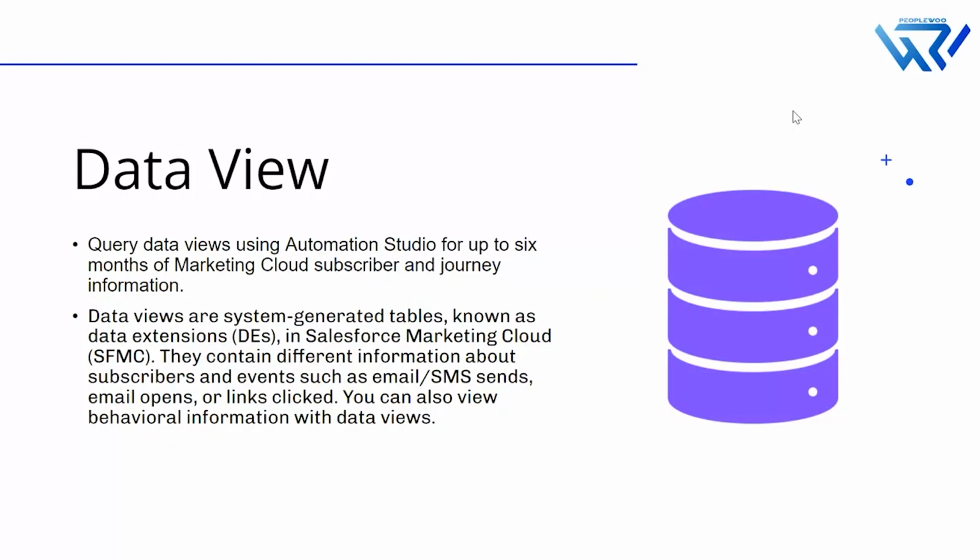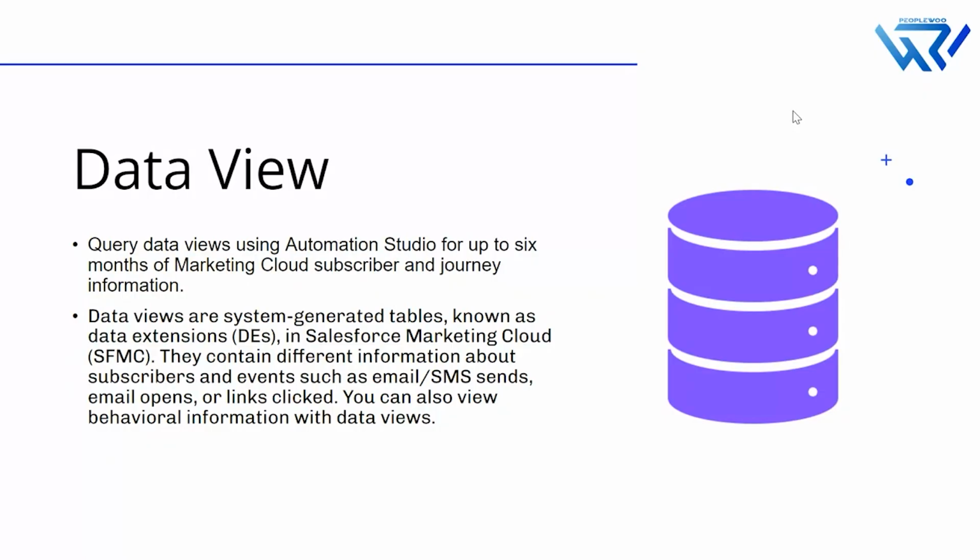Let's understand more about data views. We understood that this is a system data model. Now, what all things are present inside our system data model? Inside it, we have subscribers and subscriber behavioral information. It contains those behaviors which are not stored inside a data extension.